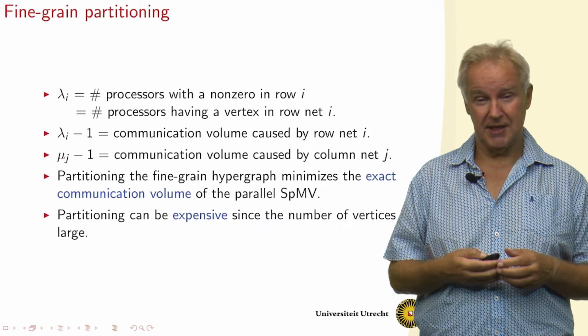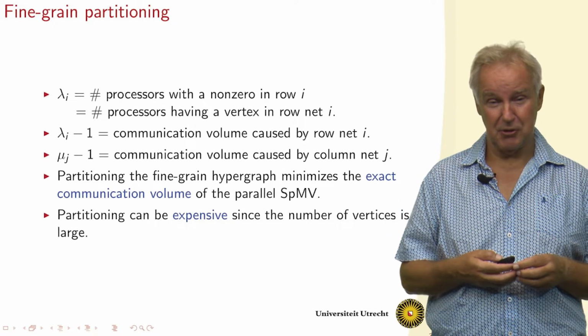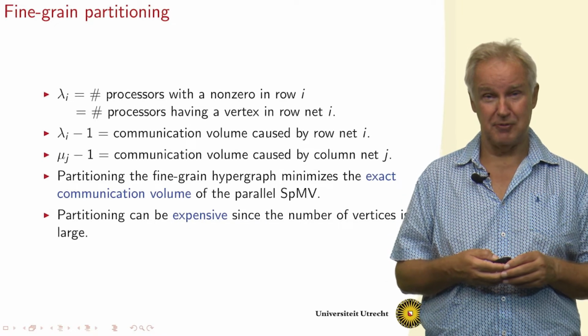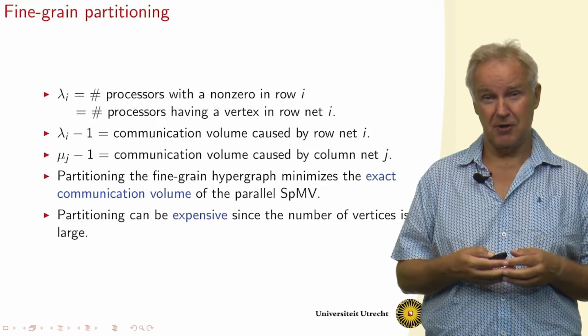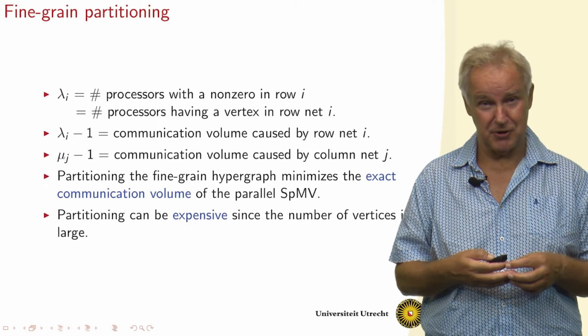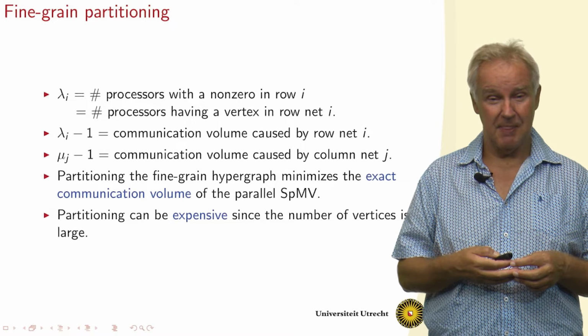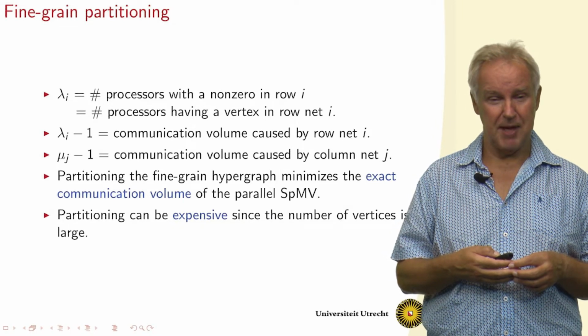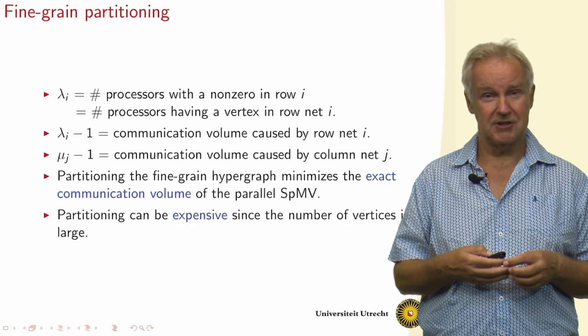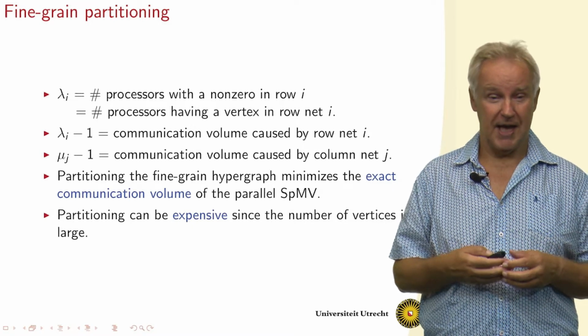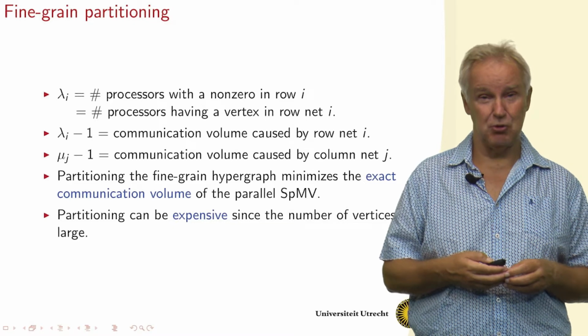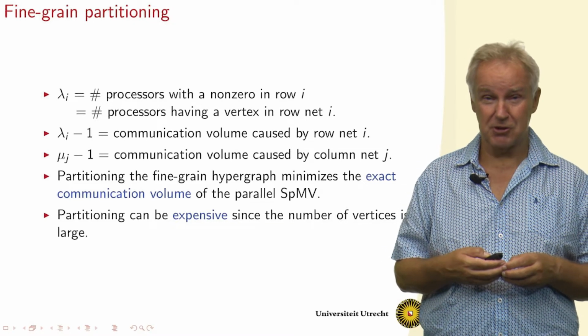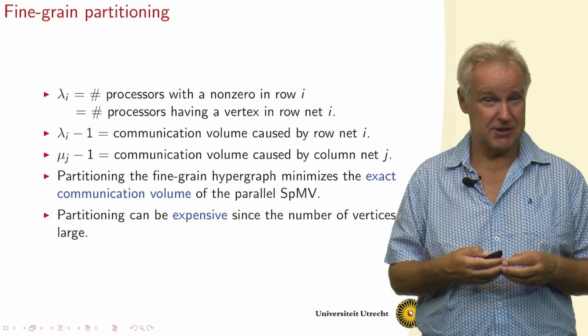Then, if we look at the processes within a row of the matrix, we call the number of such processes lambda i, and that means that in the best case you will have lambda i minus 1 communications within a row. And similar for columns, we have mu j, which is the number of processors that are present in column j.